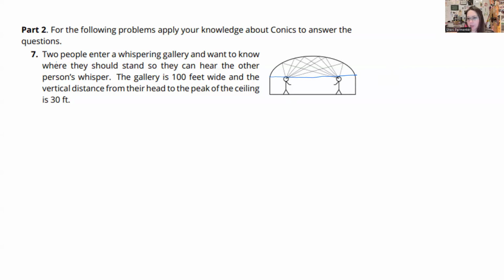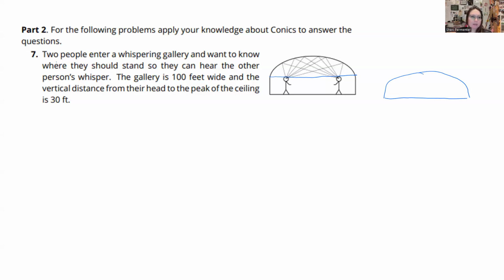So that's kind of what I'm going to look at. I guess it would be a semi-ellipse. I've never thought of that. So we've got this semi-ellipse. I'm not good at drawing that.